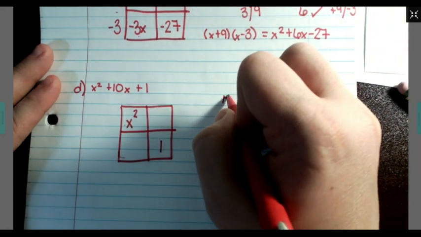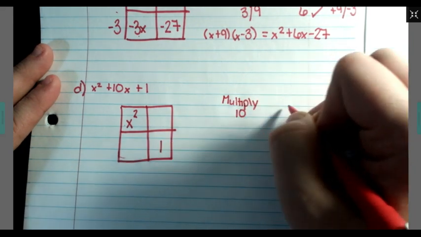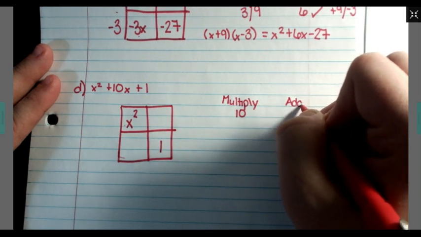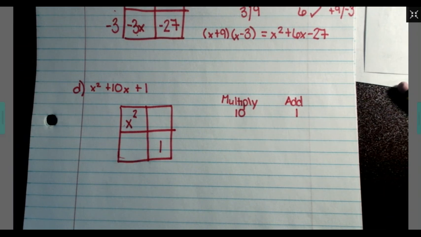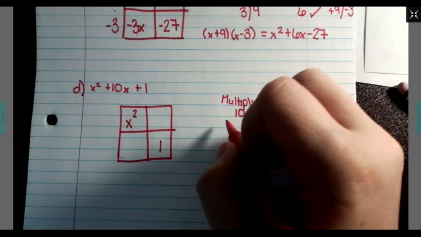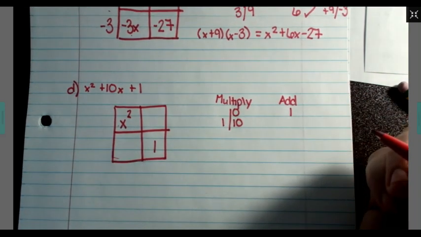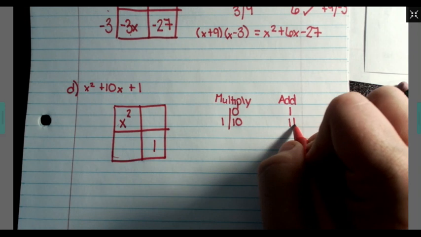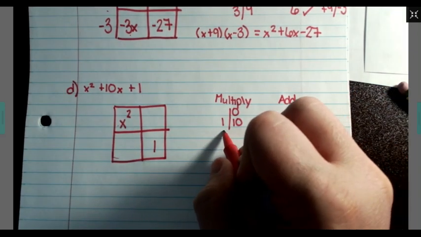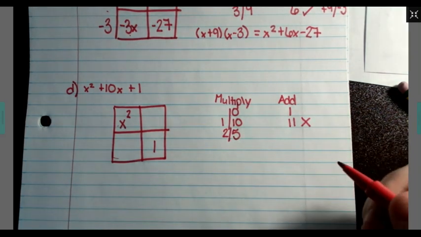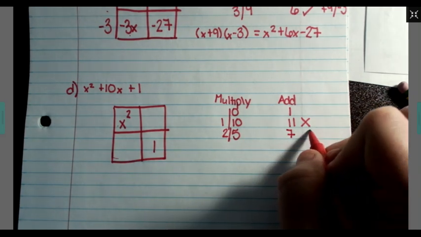I want to multiply to 10, add to 1. What numbers can I multiply to get 10? 1 and 10, right? When I add those, will I get 1? No, I actually get 11, right? What other numbers can I multiply to get 10? 2 and 5. When I add those, I get 7, so I'm still not getting 1.